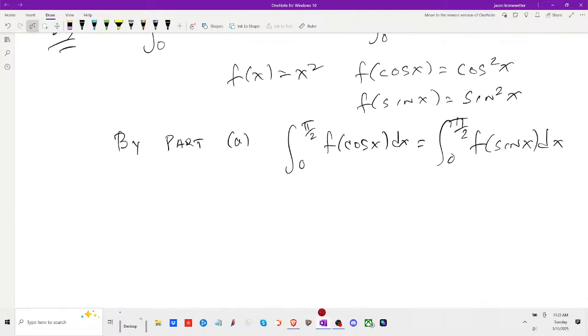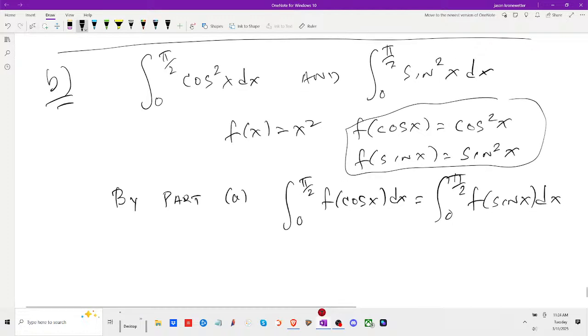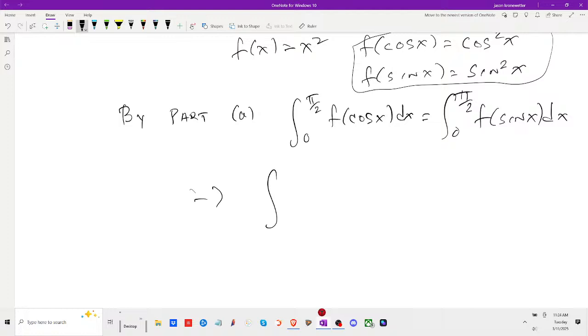Okay, so from that, because these things are equal, we can say that the integral from 0 to pi over 2 of cosine squared x dx, this guy here, is equal to the other one. Let's write it out instead of just saying it.